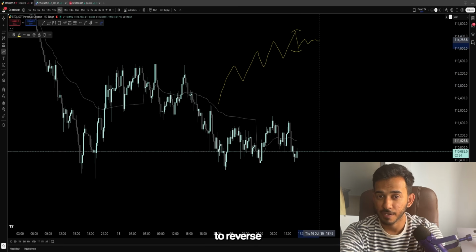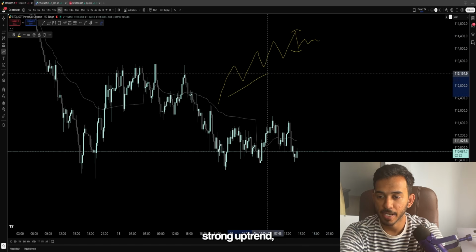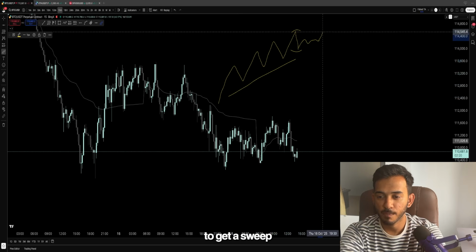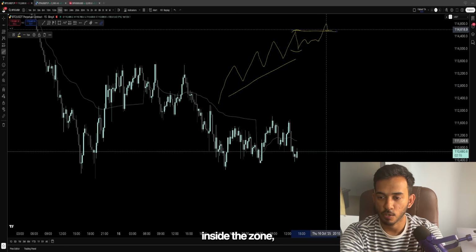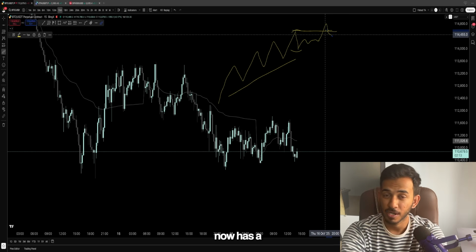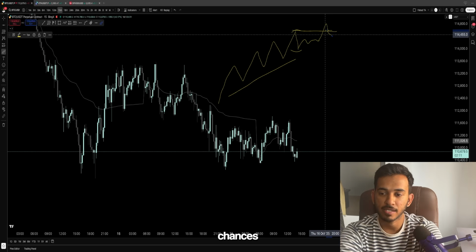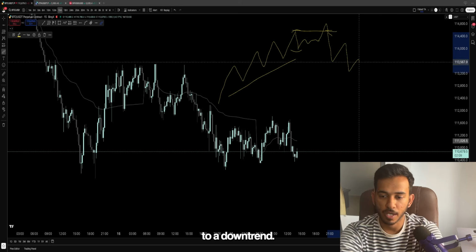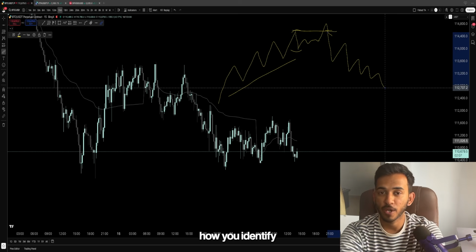For the market to reverse from a clearly strong uptrend, you would want it to sweep the highs, get back inside the zone, and then you can expect that the price now has extremely higher chances that it might switch back to a downtrend. So that is also how you identify potential points of reversals for yourself, and then you can get into a swing trade there and not in the internal market structure.